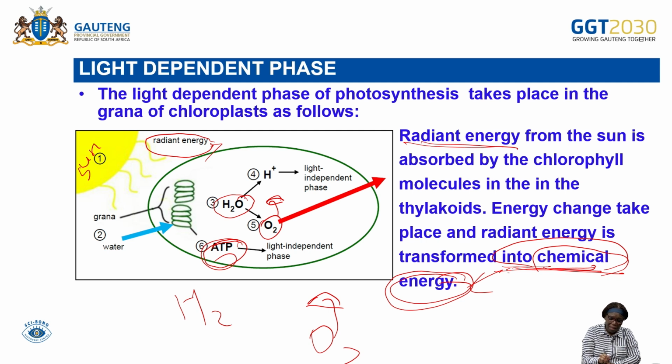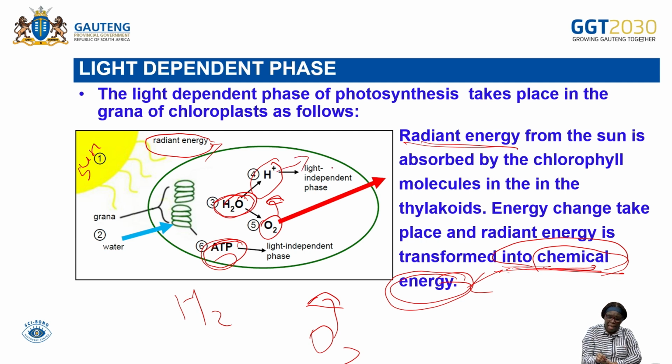Then let's have a look at what happened to the water molecule. The water molecule was broken down, or it split into what? Into hydrogen atoms and what? And the oxygen atoms. Then these hydrogen atoms become highly energized.